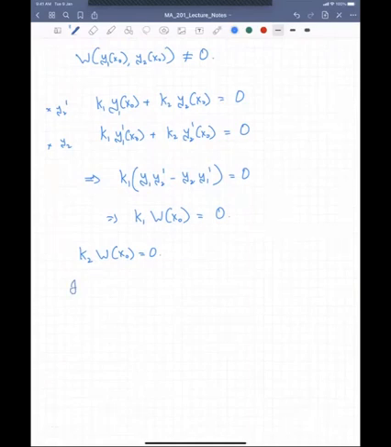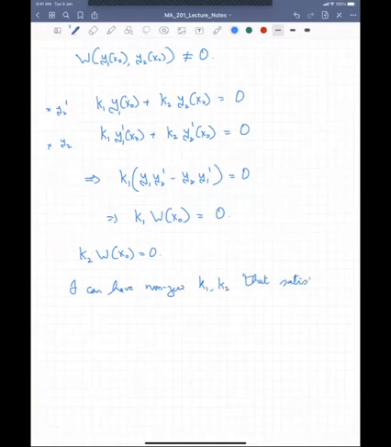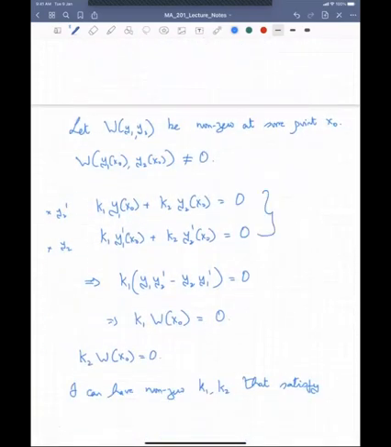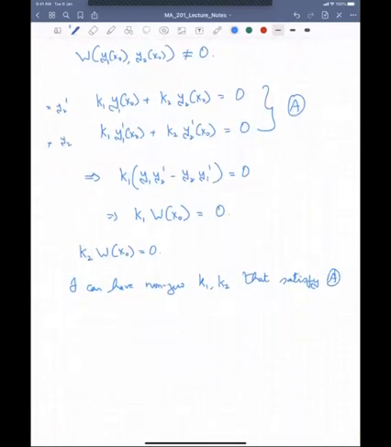So I can have non-zero k1, k2 that satisfy, let's call this system A, that satisfy A. Okay, is the argument clear?